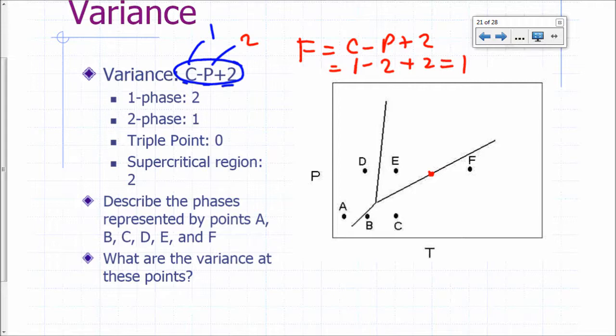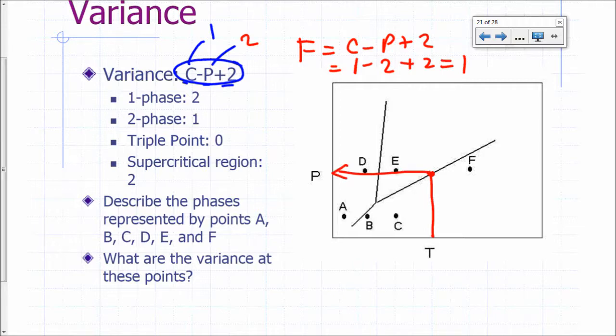Look at this point right here. If I specify the temperature, let's say this is 298 Kelvin, and I see liquid water and gaseous water at equilibrium, then I don't have a choice about what my pressure would be.